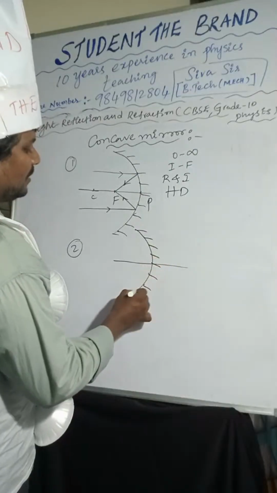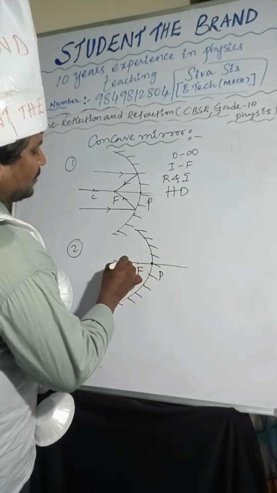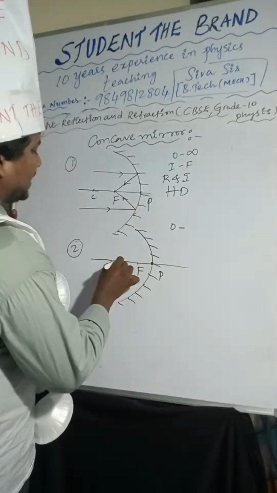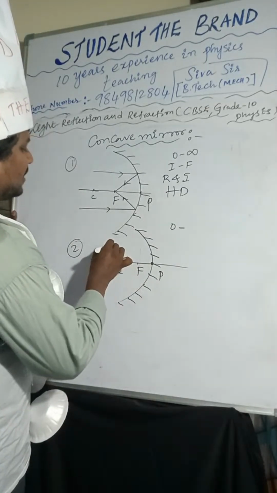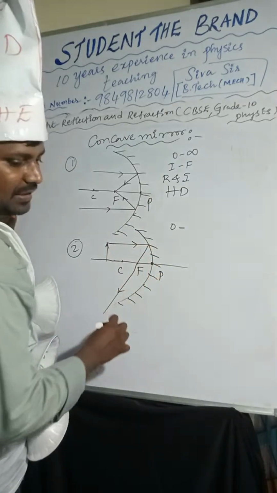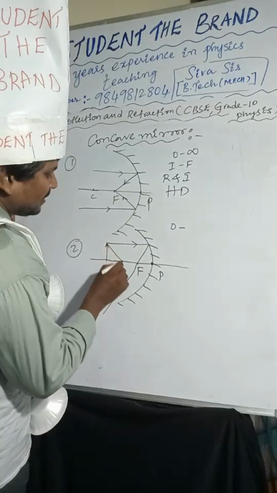Coming to the second one. If you are taking, object is here. So pole, focus, center of curvature. Object is placed beyond center of curvature. One light I am taking, it passes through focus. Another light I am taking, it passes through center of curvature.